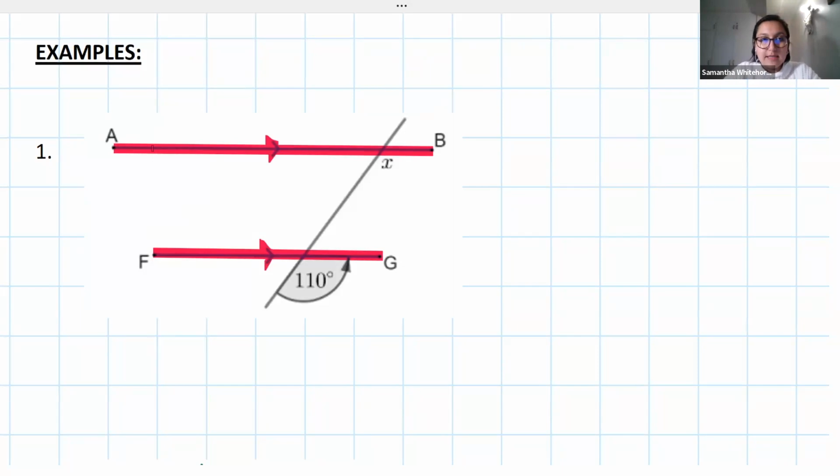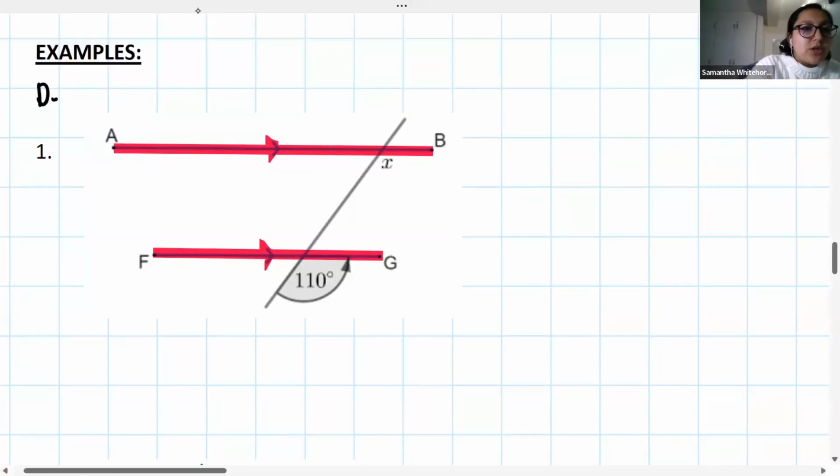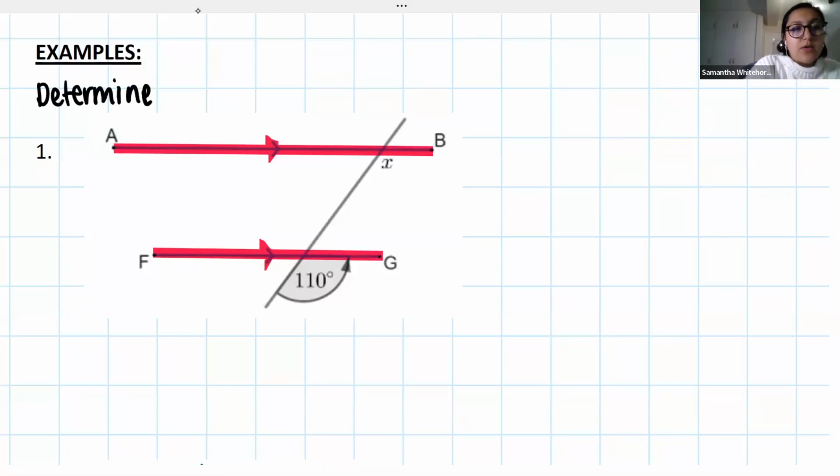Once I've done that, I now look and see what information do I have? How does it help me get what I want? So remember, the question here would be determine the value of the unknown angles.